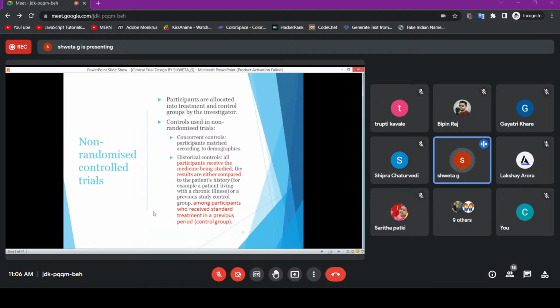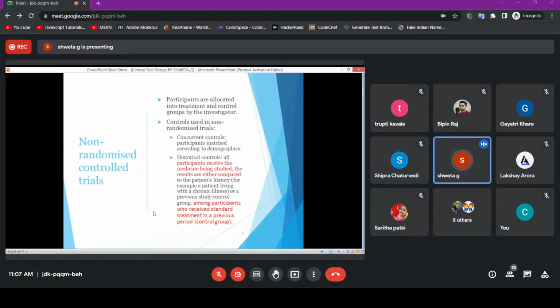So what are the controls used in non-randomized trials? Concurrent controls are controls where the participants are matched according to demographics.